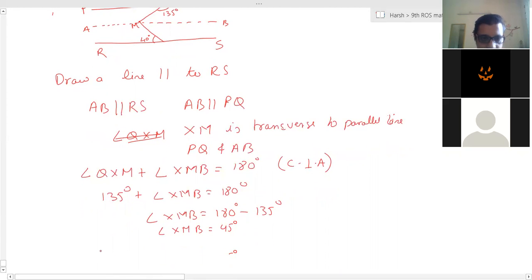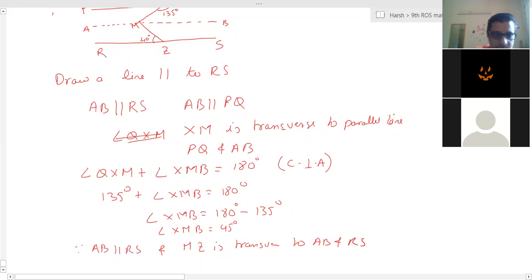Now, since AB is parallel to RS, just write the point as Z. MZ is transverse to AB and RS.